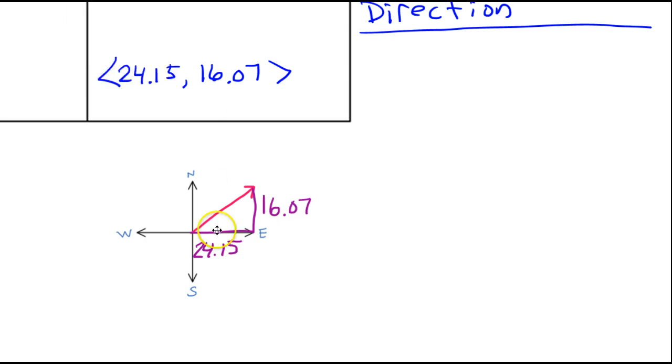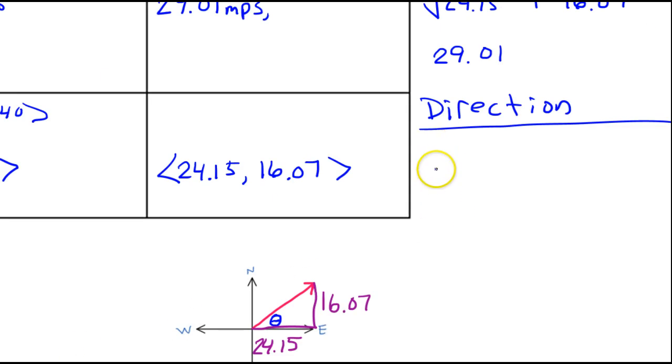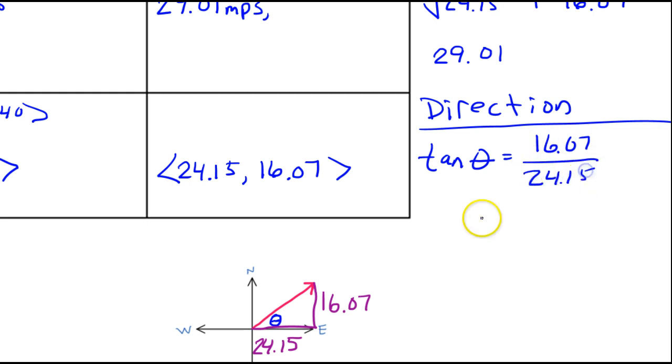With those numbers, we can find this reference angle R. Actually, I guess I don't have to call it a reference angle because this is the actual angle that we're looking for. So I'll just call it theta. Now the tangent of angle theta should equal 16.07 over 24.15.